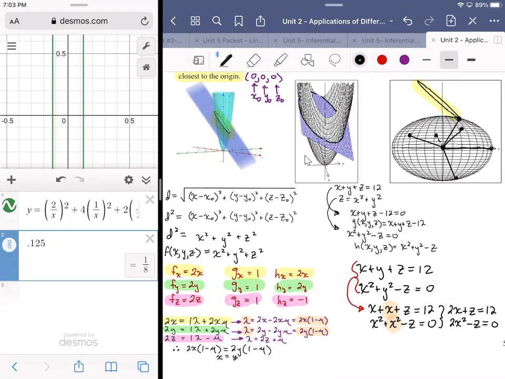Now you might think we could substitute a z in, but if you look carefully, you realize that I have two equations with two variables.